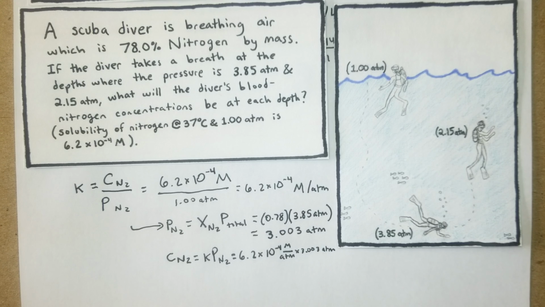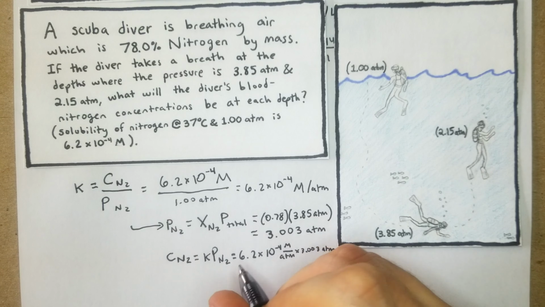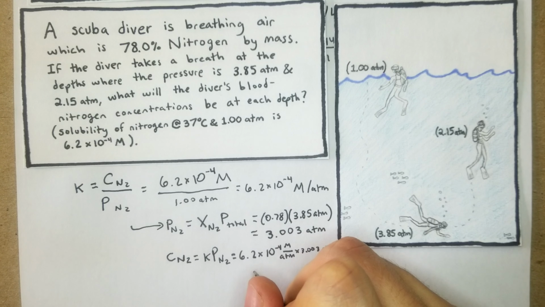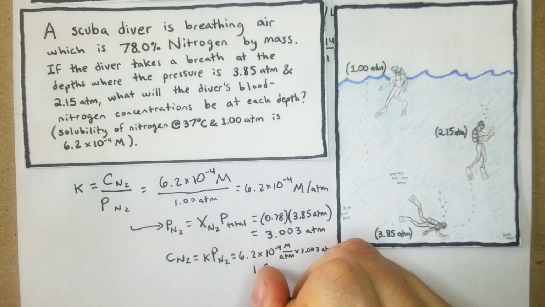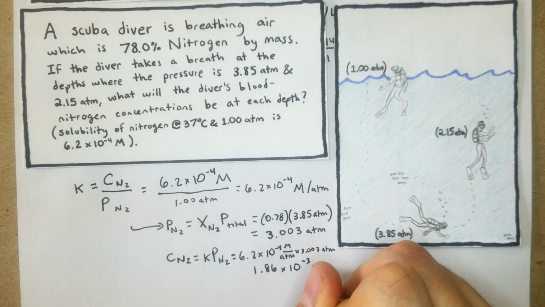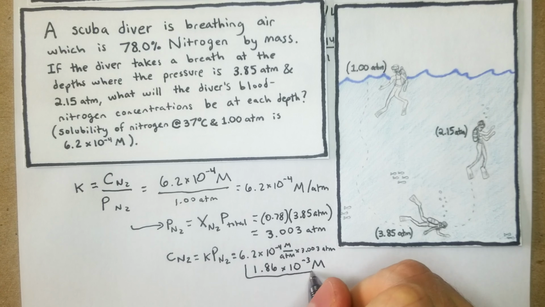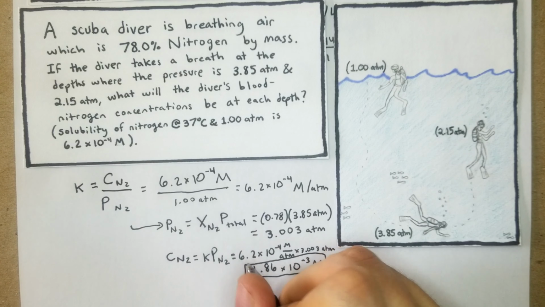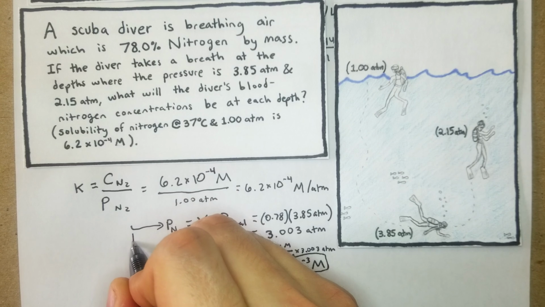So we just multiply this across, the 6.2 times 10 to the negative 4th times 3.003. For the C of N2, we're going to get 1.86 times 10 to the negative 3. And then we're just going to do the next one.